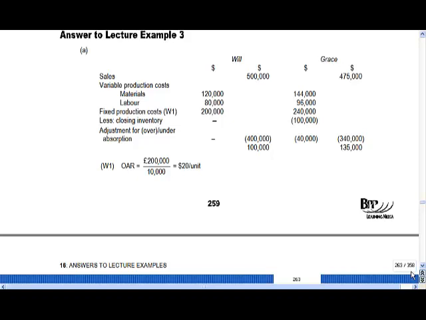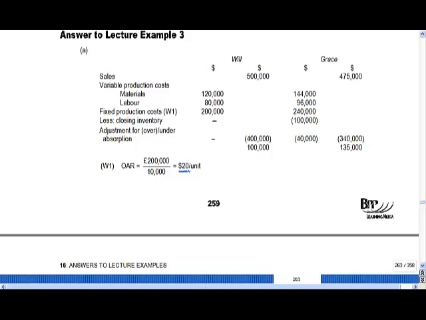The labour, well, this is at $8 a unit, and again that applies to the 10,000 units for Will, the 12,000 for Grace. Fixed production cost is where we need the OAR, and we calculated that to be 20 a unit, and again multiplied by 10 or 12,000 to get our fixed production costs.